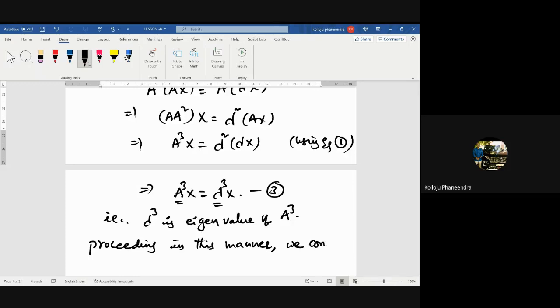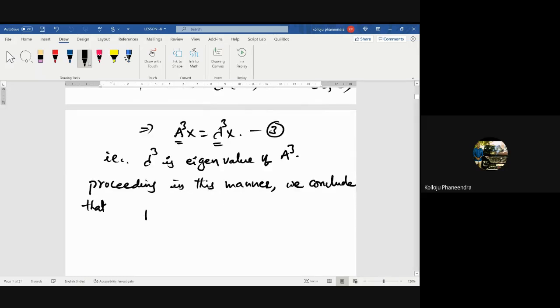Proceeding in this manner, we conclude that lambda power m is an eigenvalue of A to the power of m. This is one method.